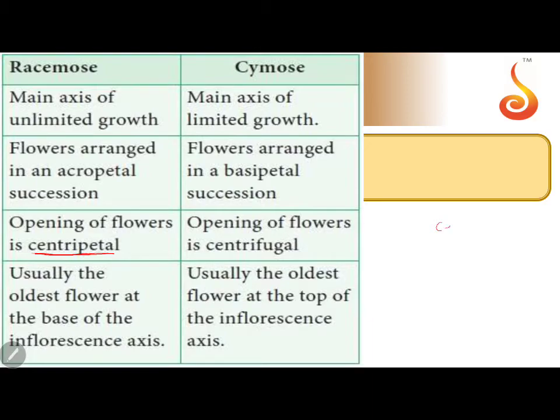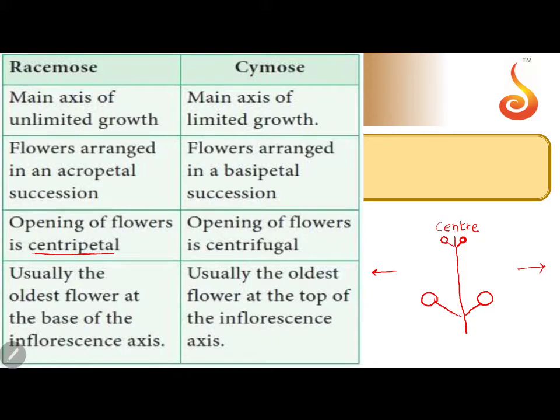So if I consider this as the center and these are the peripheral ends, and if this is the peduncle, I have an older flower at the bottom and the younger flower at the tip.